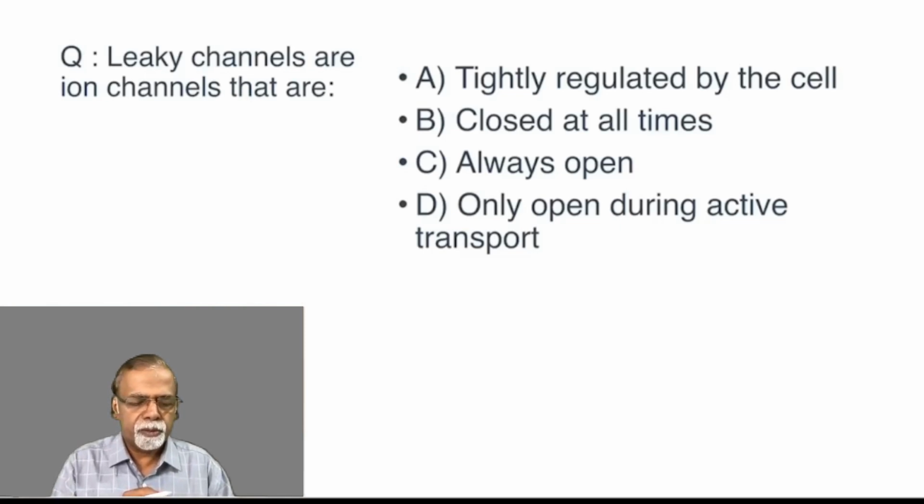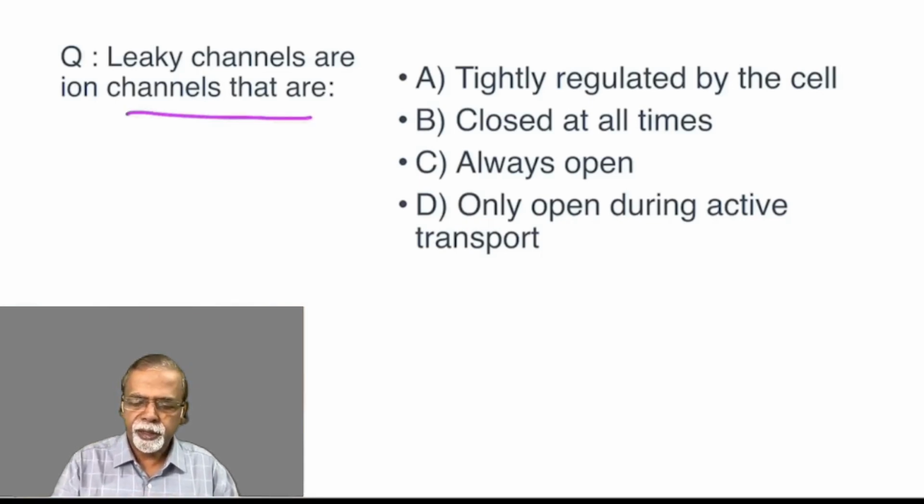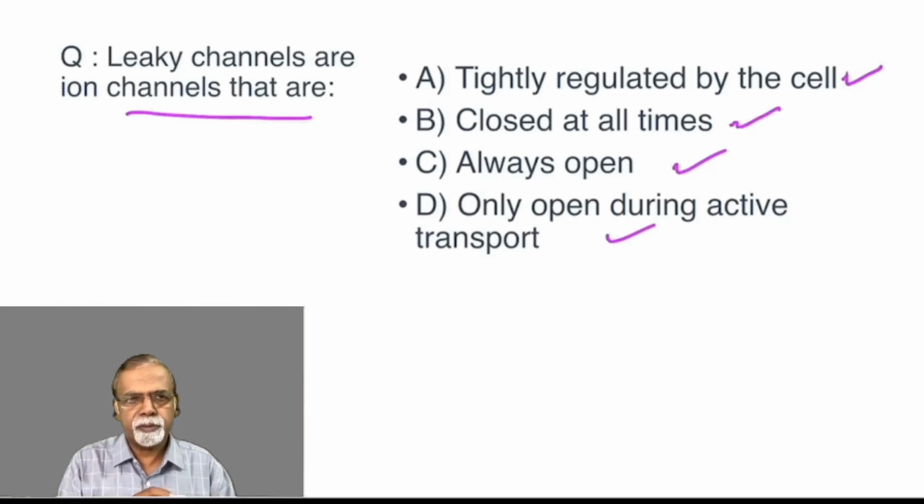Question number 4. Leaky channels are ion channels that are tightly regulated by the cell, closed at all times, open at all times, or only open during active transport. So what is a leaky channel?